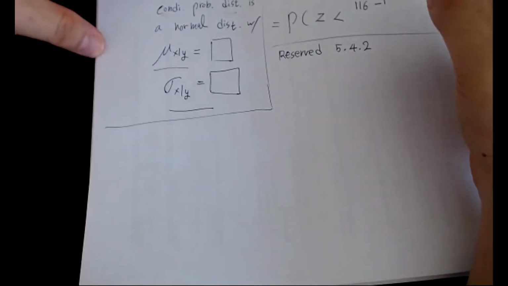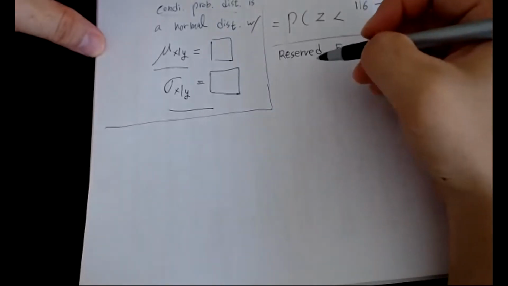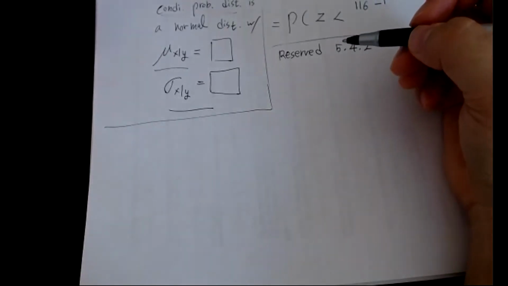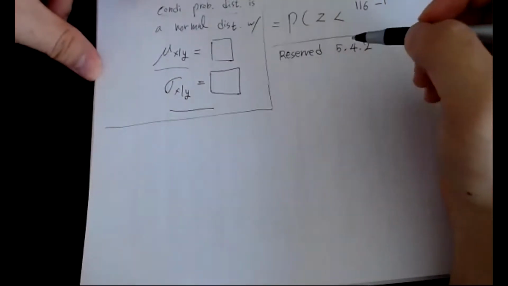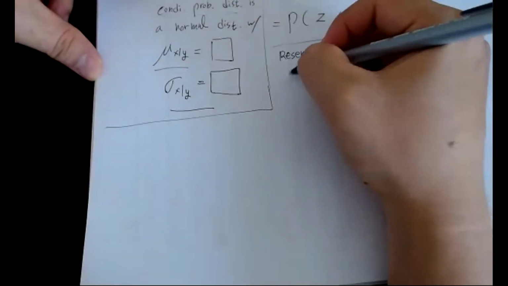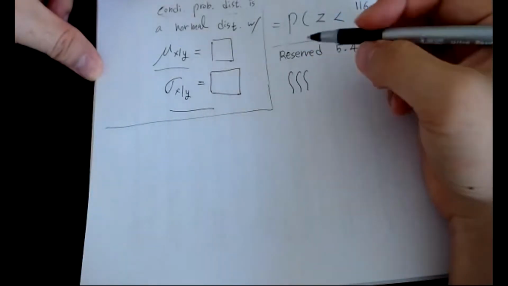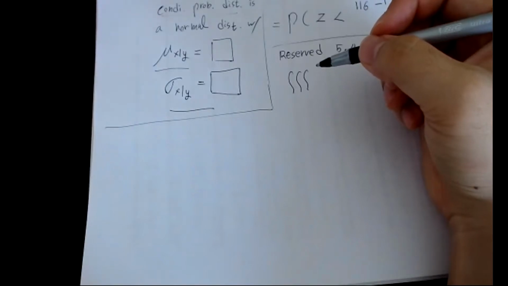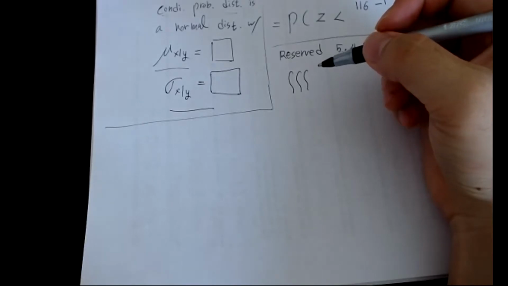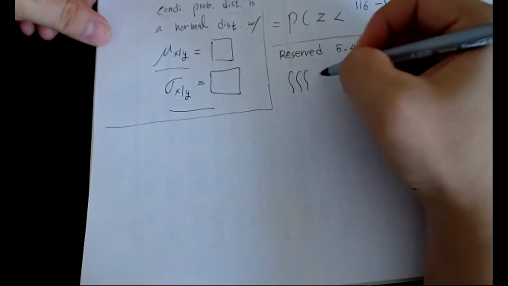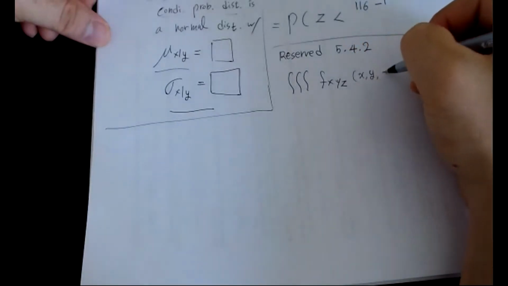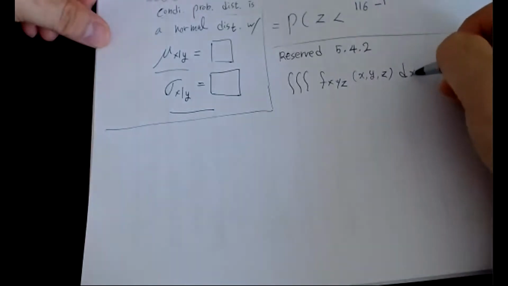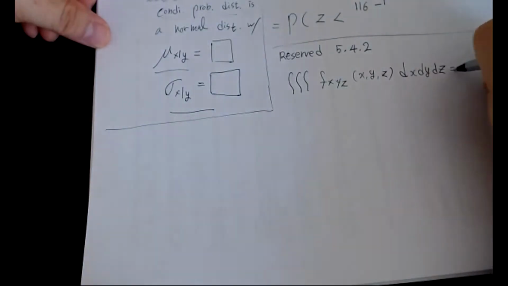Here, one thing you should keep in mind is, if the joint PDF is a constant, it will happen. When you identify one of the properties of the probability distribution function, that is, the integral of the joint PDF, dx dy dz, is equal to 1.